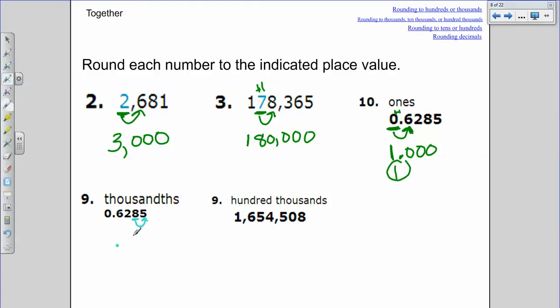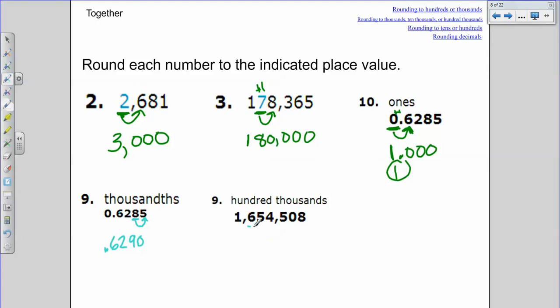So my 8 becomes a 9. My 5 then becomes a 0. I've made my decimal point too soon. I'm going to rewrite the rest of my number. So to the nearest thousandth is going to be 629 thousandths.